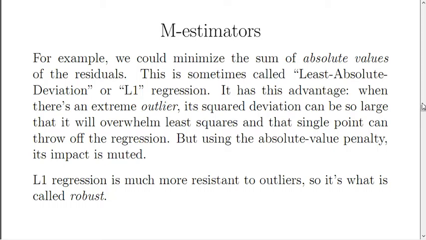It can get so large that it'll overwhelm least squares regression, and that one single data point can throw off the regression. However, when we use the absolute value penalty instead of the squared penalty, we mute the impact of any single very large value. That means that L1 regression is much more resistant to outliers, and that's a property which makes it what is called robust regression.